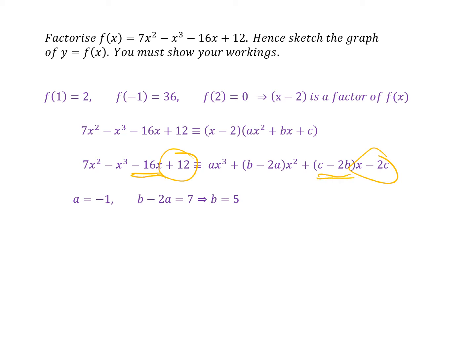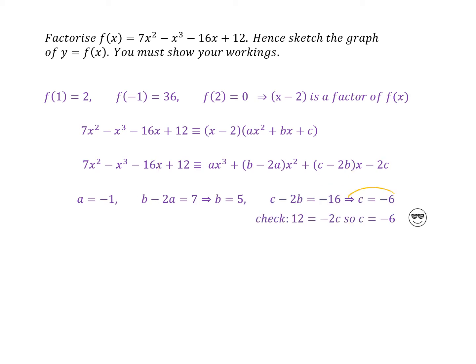So I would say that -16 is c minus 2b to start with, which gives c equals -6, and then finally by comparing the independent terms, I get my opportunity to double check that my answer is correct, the -6 is correct. So I come away feeling happy that I've found the quadratic factor.